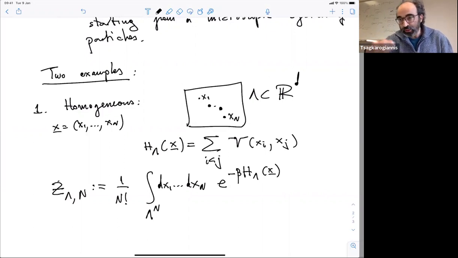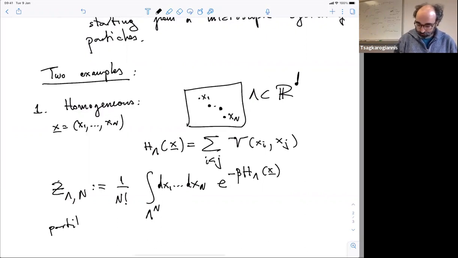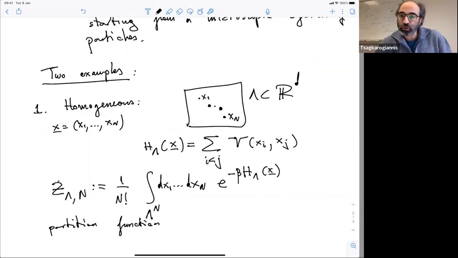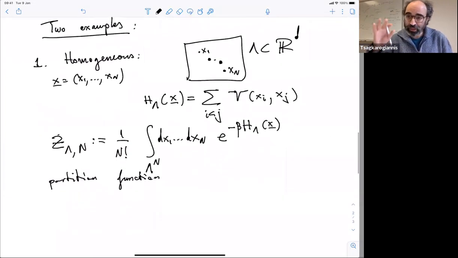And I need to integrate over all possible positions of these contributions. And this is called the partition function, which is very important for the macroscopic properties of the material, of the system. Okay. So all the information is registered in this number.